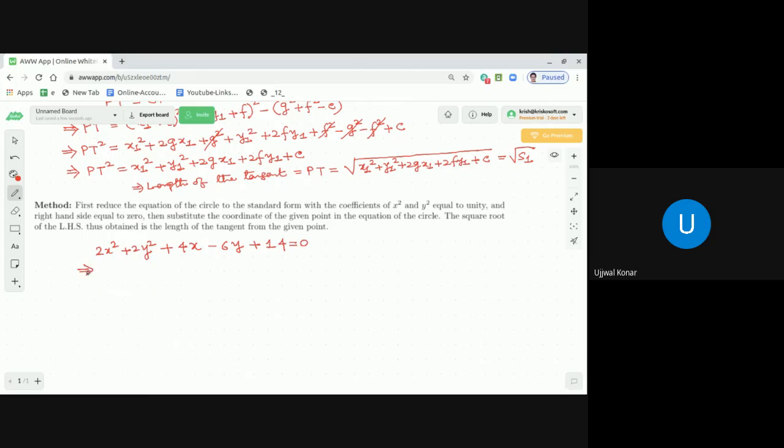The only way is dividing both sides by 2. So that means x square plus y square plus 2x minus 3y plus 7 is equal to 0.